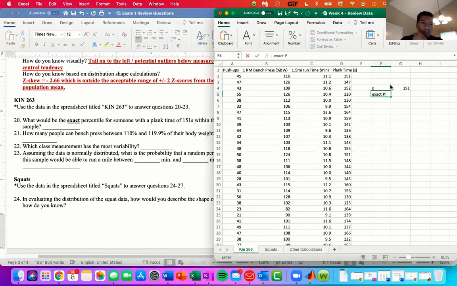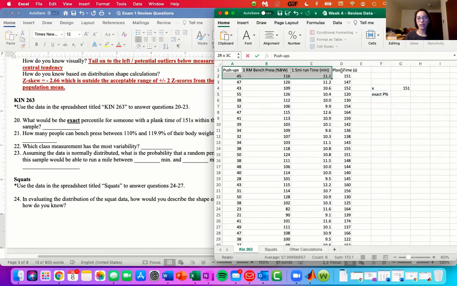You can do this several ways, right? Couldn't you just order the column down from least to greatest, and then just do the cumulative frequency at that score over the total? You could do that. Okay.